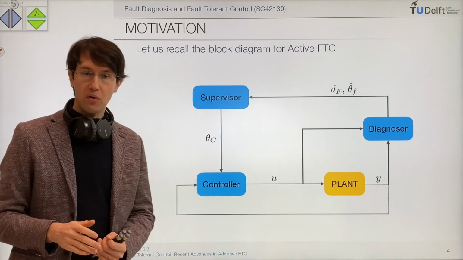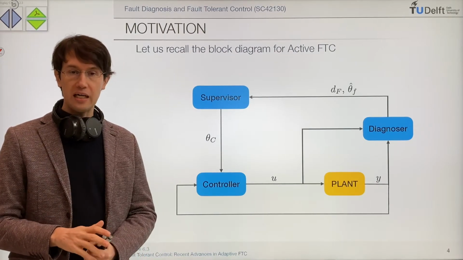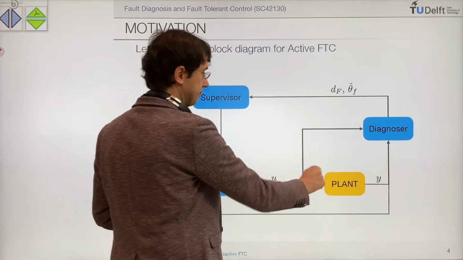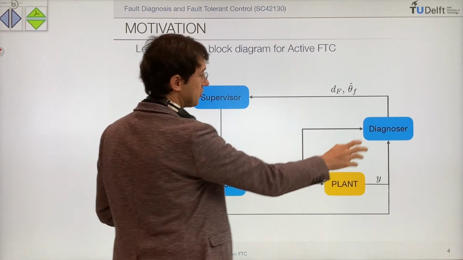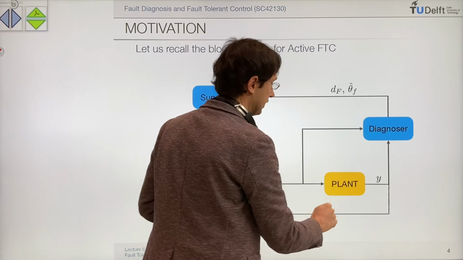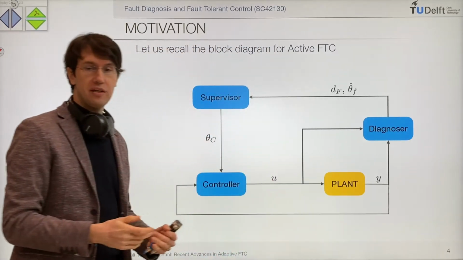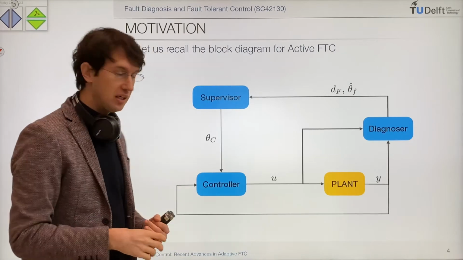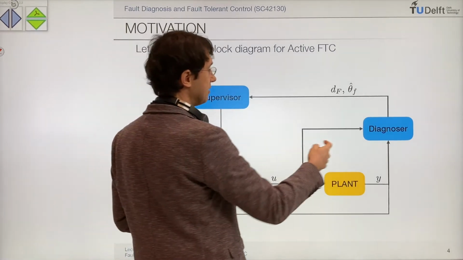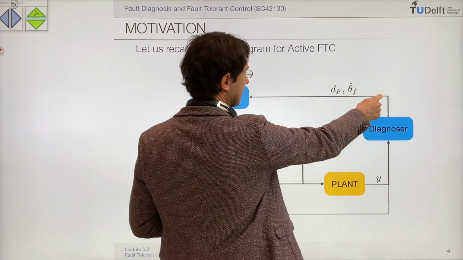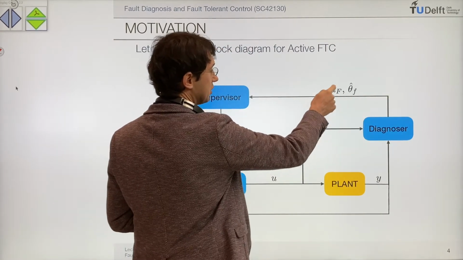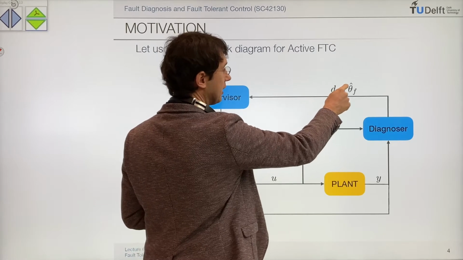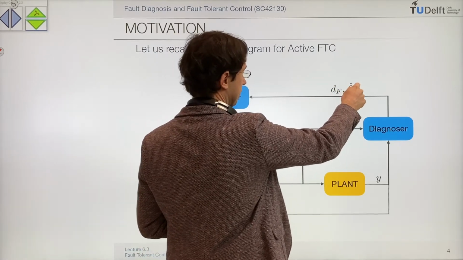So if you recall, the block diagram for active approaches is this one. So you have your plant, and you have first one block that is diagnosing and detecting whether you have a fault, which fault you have, and how big it is. So you identify and estimate your fault, and the results of these are these two variables, so a decision of whether you have a fault or not and which one, and an estimation of the size of the fault.